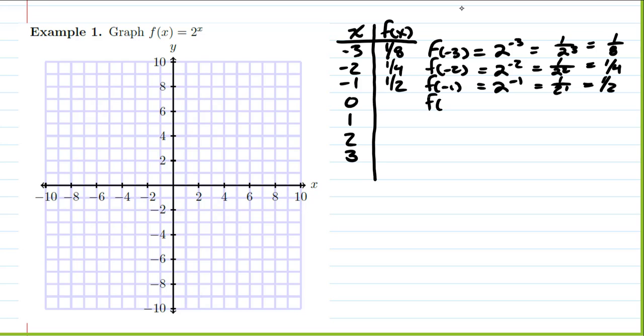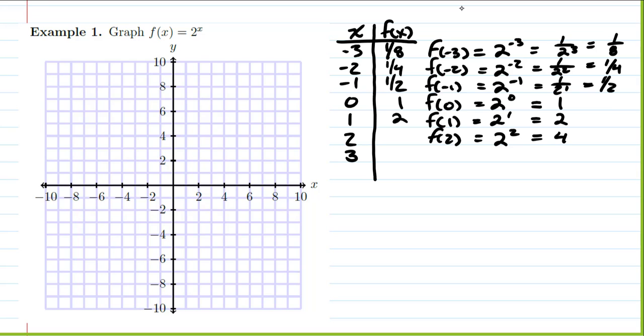The next one, f of 0, is my favorite, because anything except for 0 raised to the 0 power is 1. F of 1 is equal to 2 to the first, so that's going to be 2. F of 2 is going to be 2 squared, which is 4. And finally, f of 3 is equal to 2 cubed, which is equal to 8.